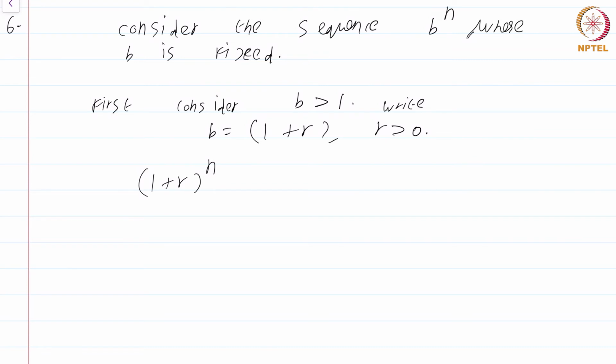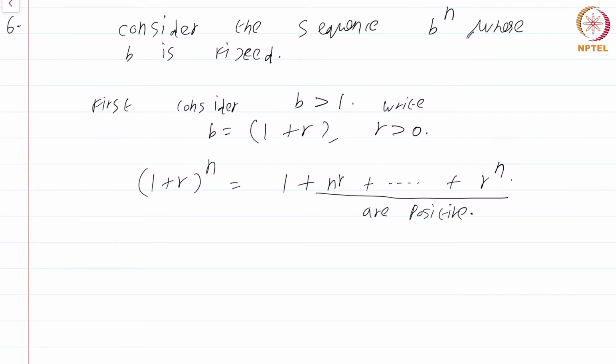Okay. Now what is this? This is nothing but 1 plus nr plus some other terms plus r power n. I'm not really interested in the in-between terms. They will involve the various n choose something. But the key fact is all these terms are positive.